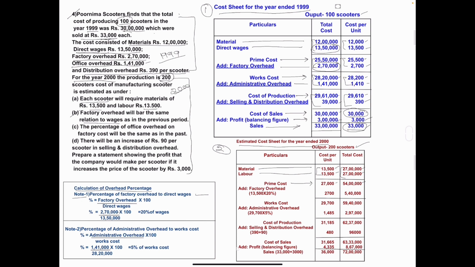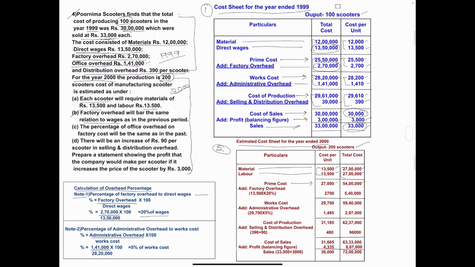So we'll write here. See this note part. Note number 1. Factory overhead divided by direct wages into 100. Factory overhead amount is 2,70,000 divided by 13,50,000 into 100. So calculate it. 2,70,000 into 100 divided by 13,50,000 and we will get 20%.